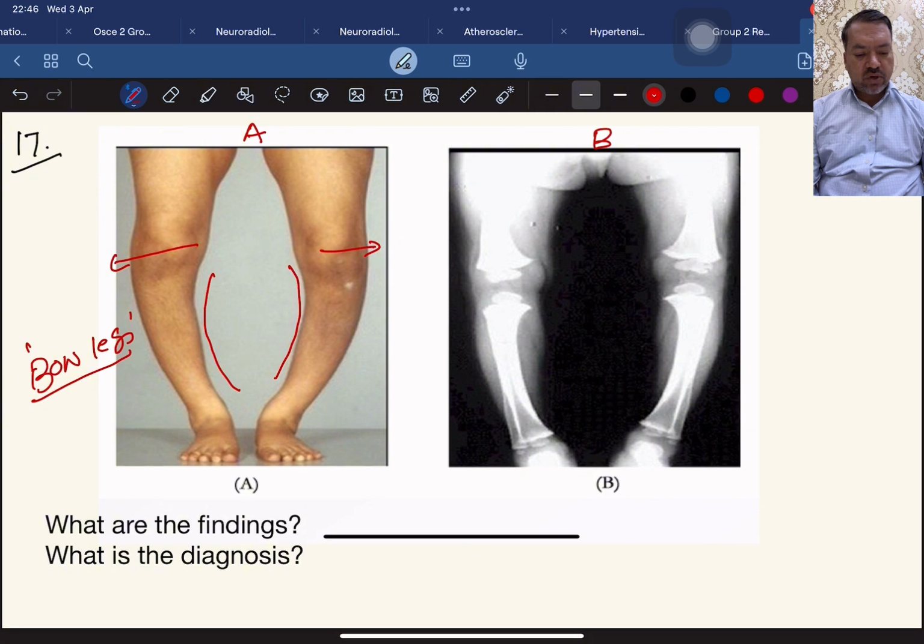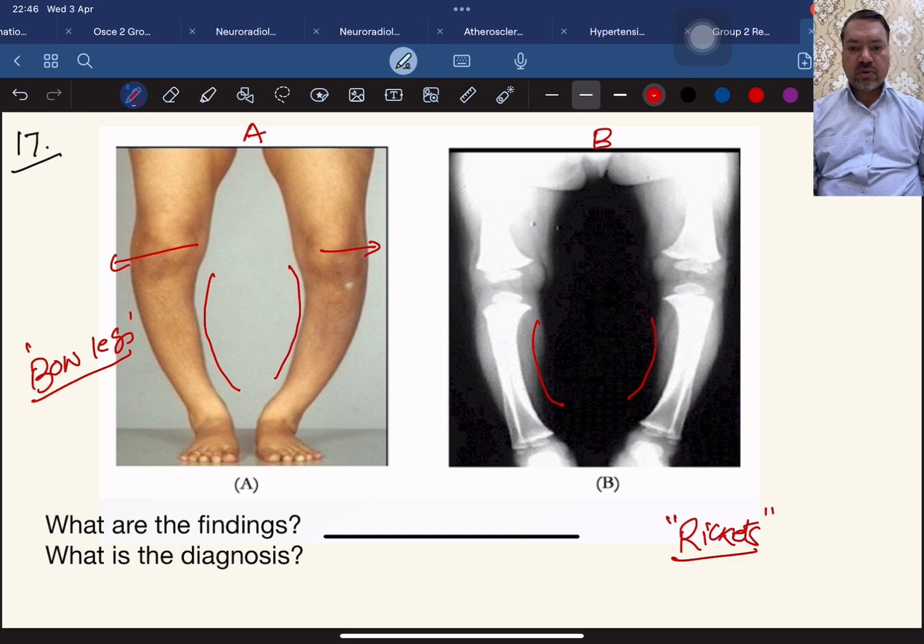And the same patient, the x-ray is shown here. So again, these are bent, coming towards the midline. This is a typical case of rickets. In rickets in children, the bones appear like this because they are very soft. They become softer rather than fragile.